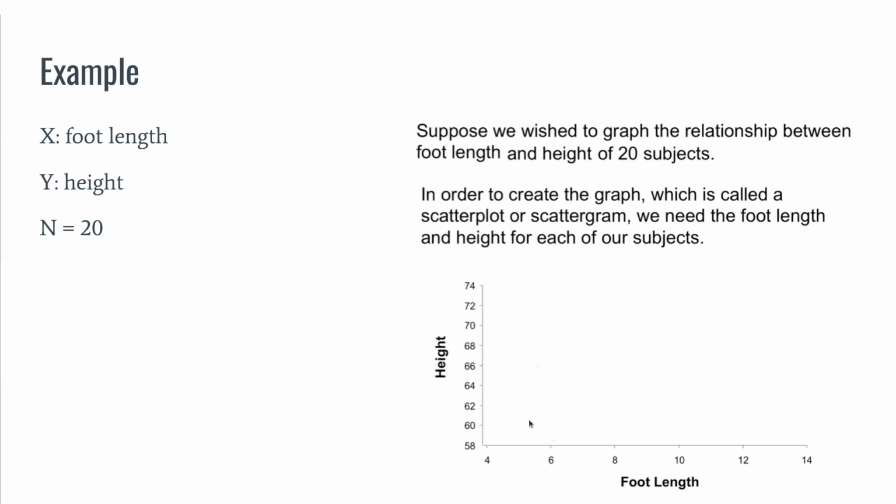So if a subject's height is 70 and foot length is 10, you want to mark a dot where y is 70 and foot length is 10.